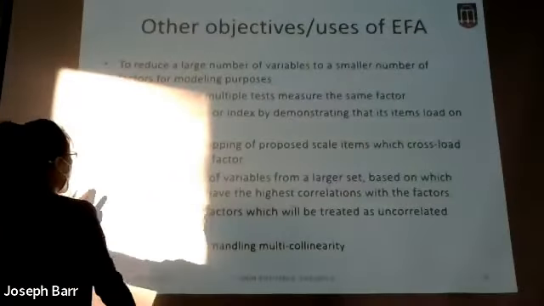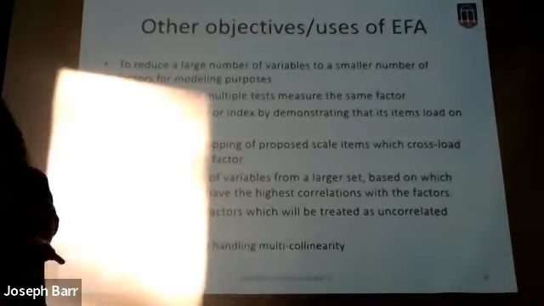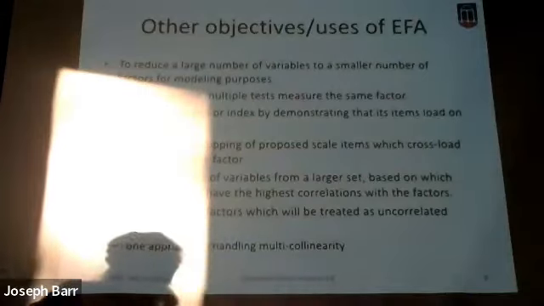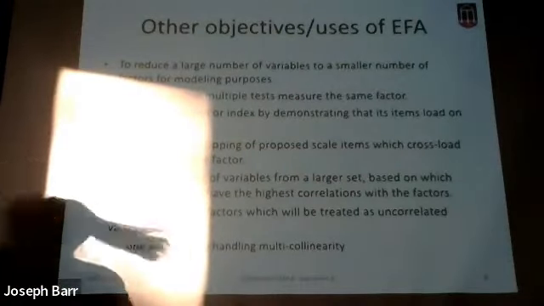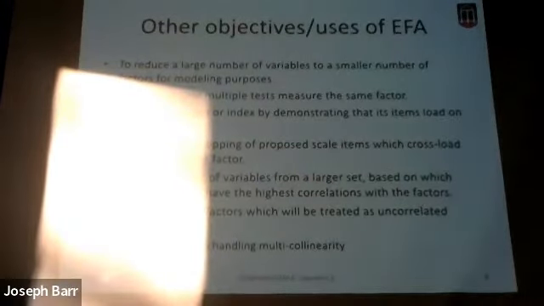I'm sorry, this part, please just look at the slides on our desktop. We can also select a subset of variables from a larger set based on which original variables have the highest correlation with some factors.